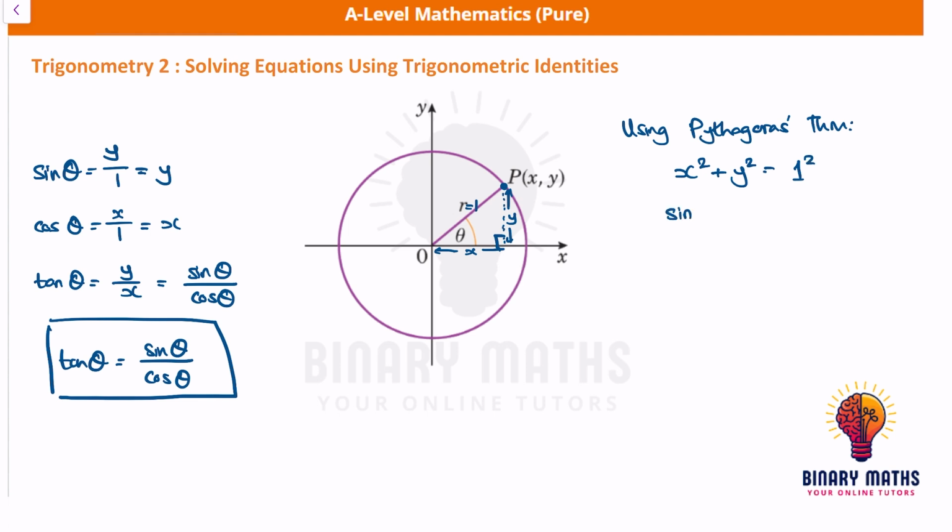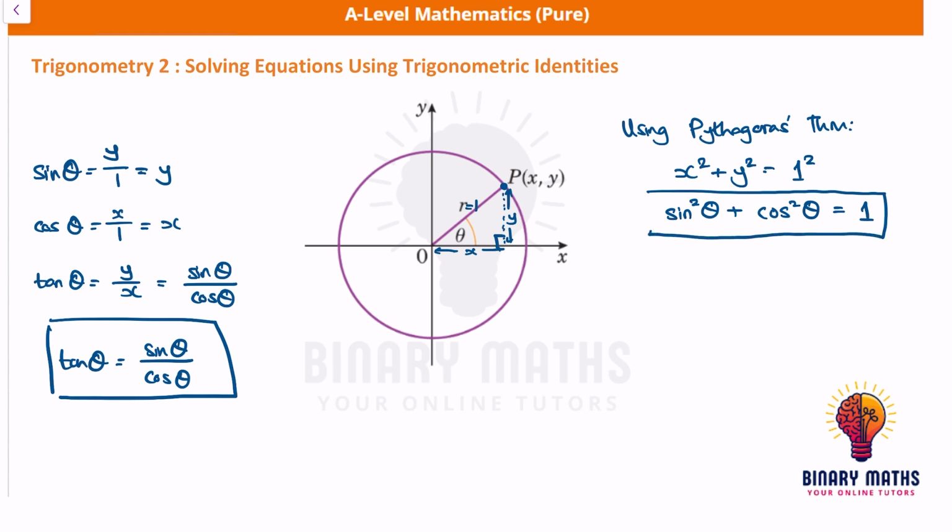When it's sine theta all squared, we write sine squared theta plus cos theta all squared, which means cos squared theta. Oops, I've just realized I've swapped the y's and the x's over, but it doesn't matter, it is equal to 1. And that is the second identity that you need to know: sine squared theta plus cos squared theta is equal to 1.